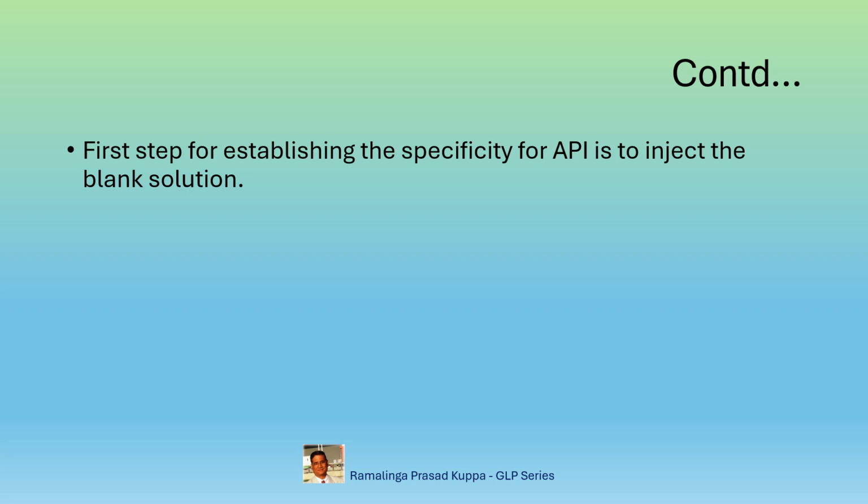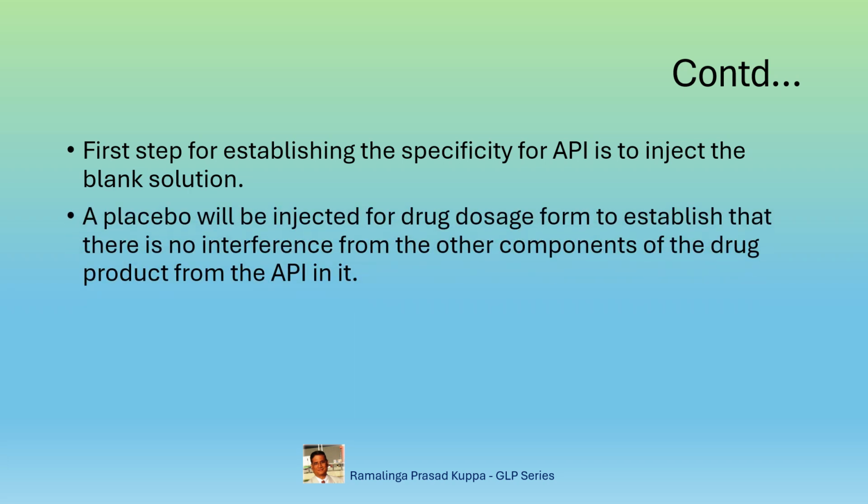In such cases of accidental contamination, it is recommended to prepare the solutions freshly again using AR grade or HPLC grade reagents. A placebo will be injected for drug dosage form to establish that there is no interference from other components of the drug product from the API in it.